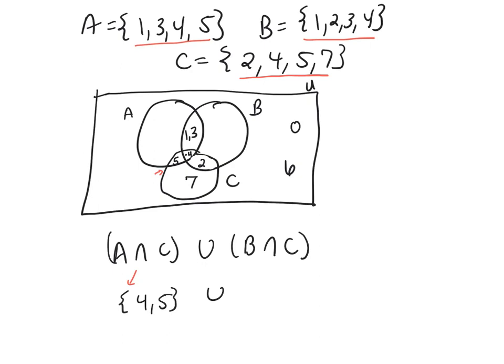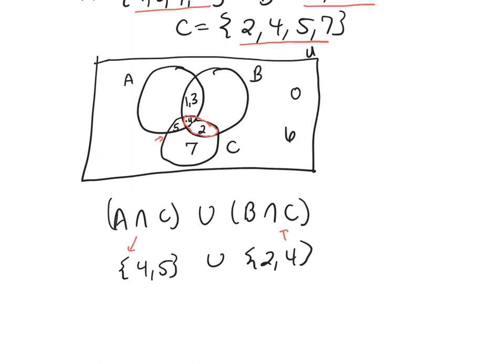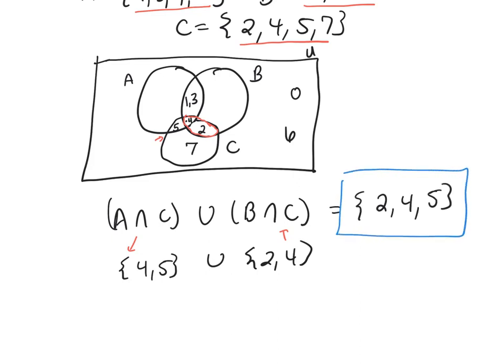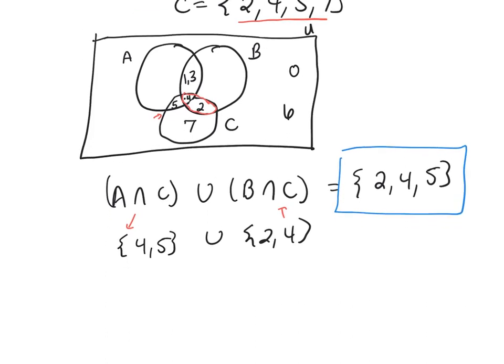What about B intersect C? So I look right here in this region between B and C. What do they have in common? They have a 2 and a 4. And so now I'm just taking the union of these two sets. So this would be the set 2, 4, 5. So it makes it a little bit easier to do these set operations if I use Venn diagrams.